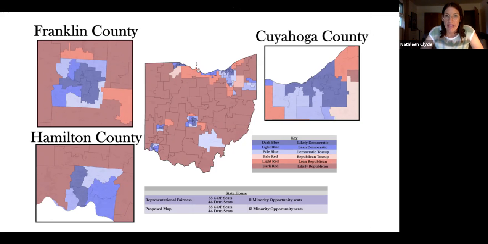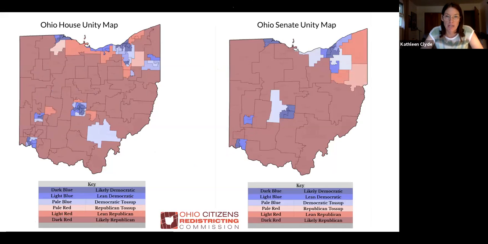So with that, I would love to zoom back out on the screen share. We can come back to this map, and if the staff could keep it handy with both the House and the Senate map if we need to look at those for questions and feedback.